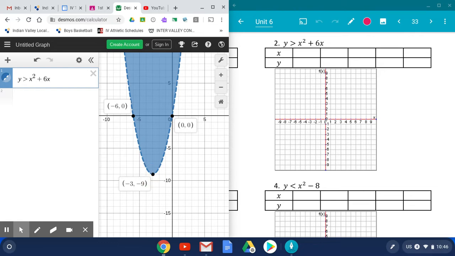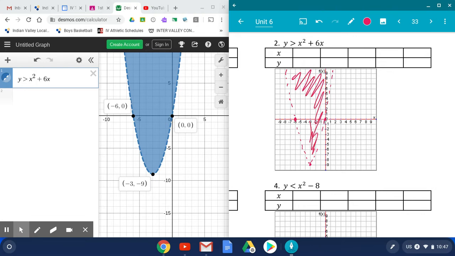So I got -6, 0. I've got 0, 0. And I've got -3, -9. This is a dotted line, or dotted quadratic, and it needs to be shaded on the inside.